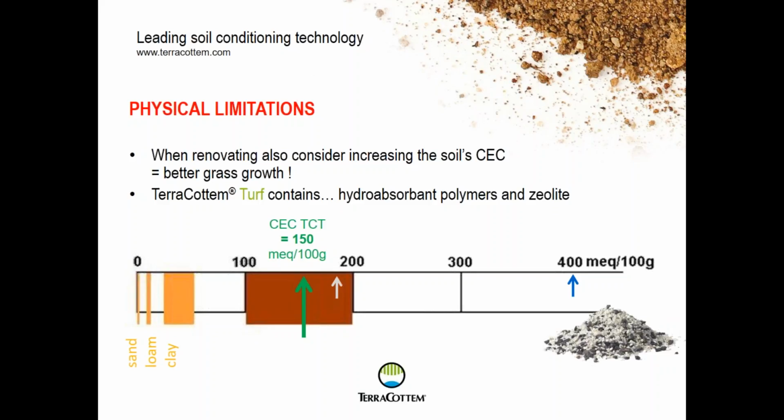And why does it have such a high cation exchange capacity? It contains polymers, and this is the blue arrow here, with a really high cation exchange capacity, but it also contains zeolite, and we've selected our zeolite because it also has a good cation exchange capacity, and that's the gray arrow here.